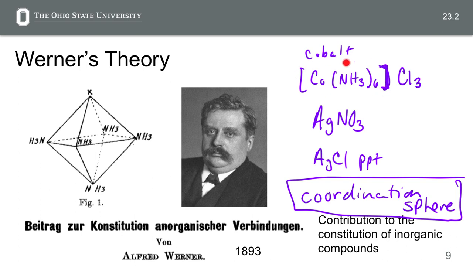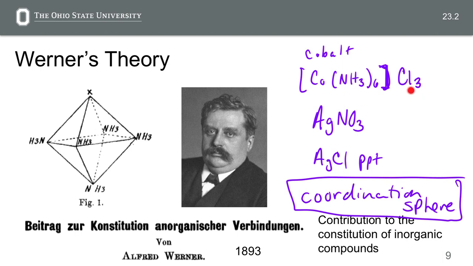Okay, there's cobalt with ammonia in brackets, and then there's chloride outside of the brackets. Long story short is, Werner figured out that the stuff that's inside the brackets, those things are bonded together. So the cobalt is bonded to each of the 6 ammonia. And these chlorides are not bonded in any significant way. They are sort of associated with that molecule, but they don't have a covalent bond.